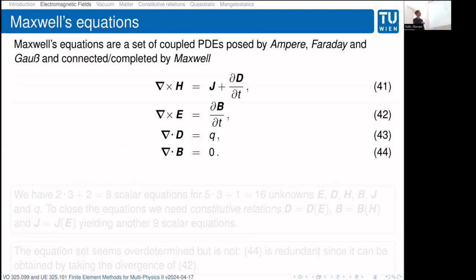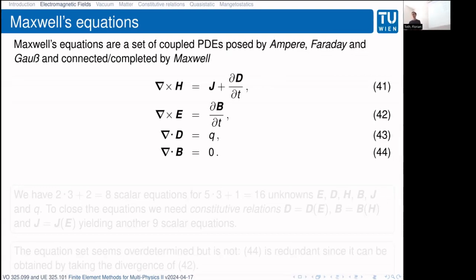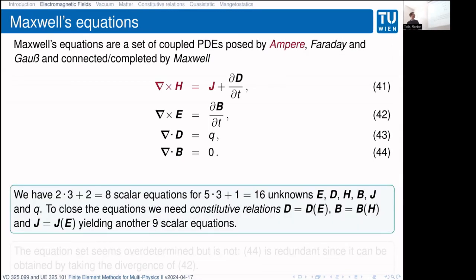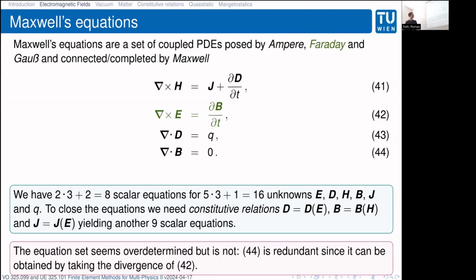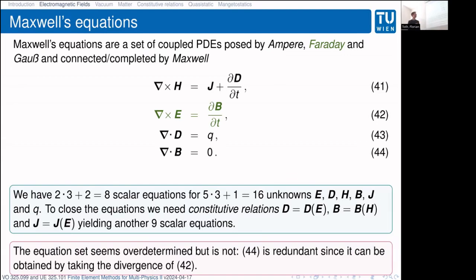Here we have written the Maxwell equations. In fact, these are equations not posed by Maxwell alone. There's Ampere's law here in red that relates the curl of the magnetic field intensity to the current density. Then we have Faraday's law, the induction law, so a time-varying magnetic flux density is related to the curl of the electric field.